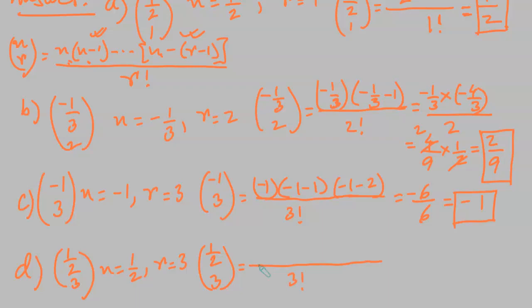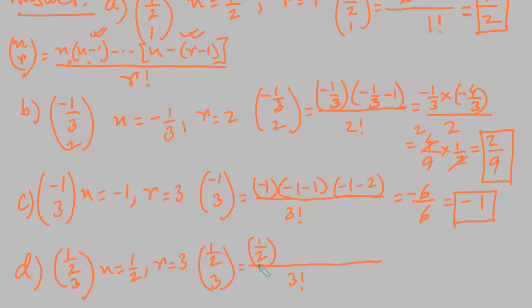The numerator will be starting with half and ending where? 3 minus 1, that is 2. When 2 will be getting subtracted from n, that will be the third factor. So you will be having 3 factors in the numerator.